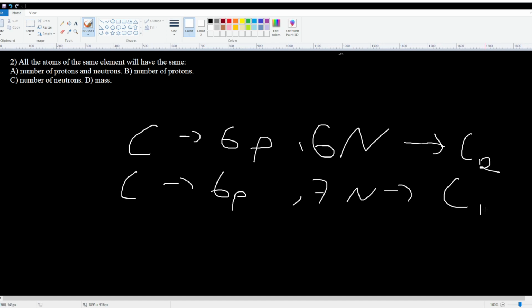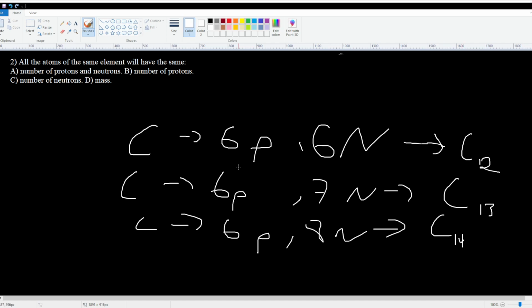It becomes carbon 13. And then the same thing with carbon having 6 protons and 8 neutrons, carbon 14. So what changes here is the mass, because we're adding more neutrons, right? So 6 plus 6, 12, 6 plus 7, 13, 6 plus 8, 14. We're changing the mass, and we're also changing the neutrons. But what absolutely cannot change is the number of protons.